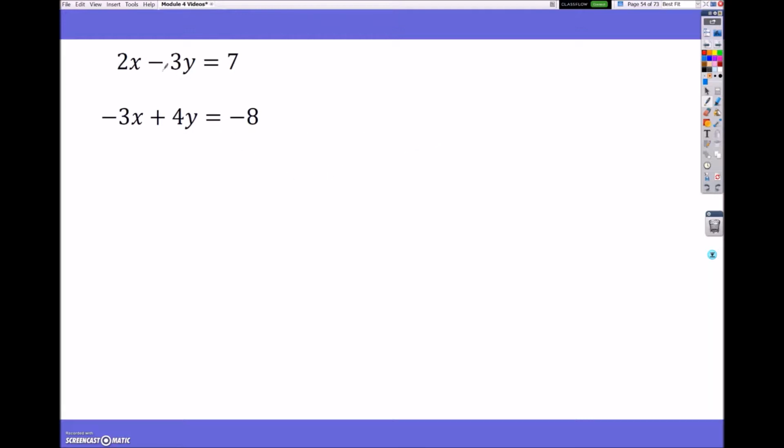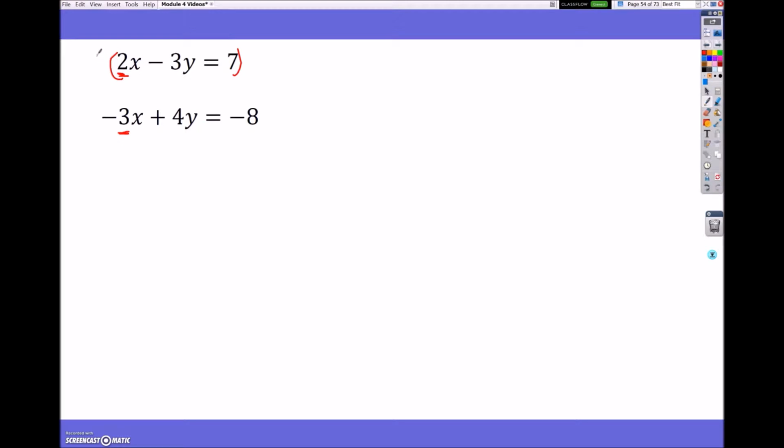And then the next thing I want to do is see if there is anything I can multiply them by in order to get the same coefficient for either my x's or my y's. So right now I want to focus on my x's and ask, what do I have to multiply them both by in order for them to eliminate?